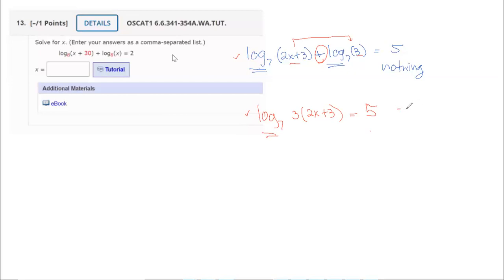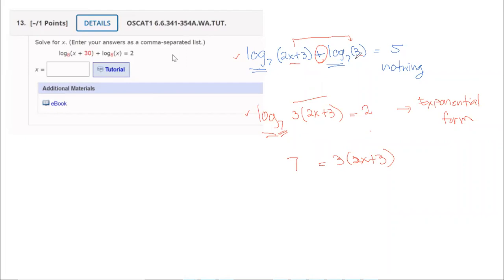In this case, you need to change this into exponential form. This is the base, 7, this is the exponent, and this is the argument. So now we do 7 to the power of 5 equals 3 times (2x plus 3). Now, I don't have a calculator with me, so I'm going to change this 5 to make my life easier.